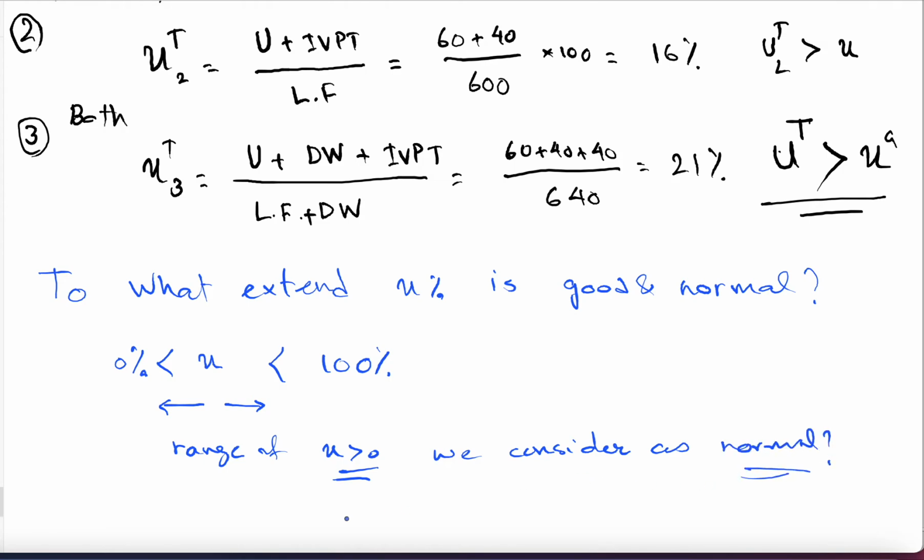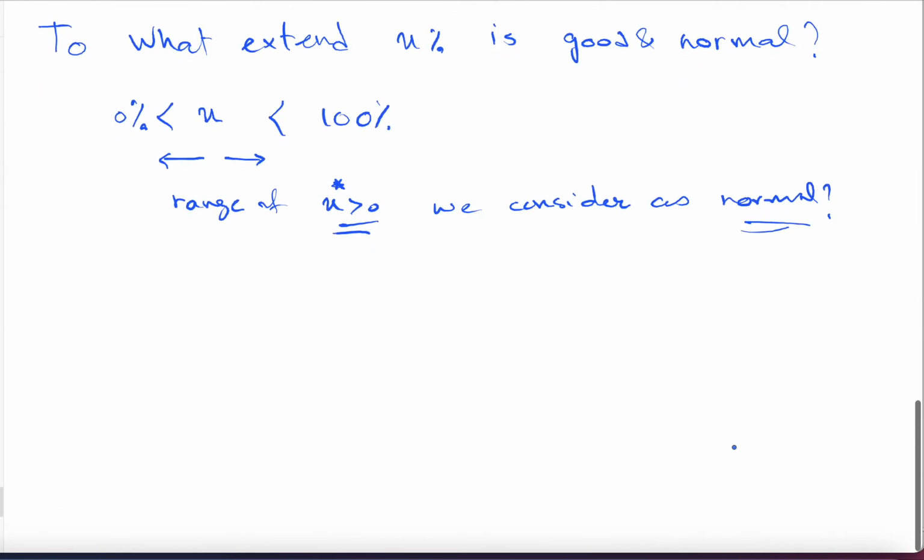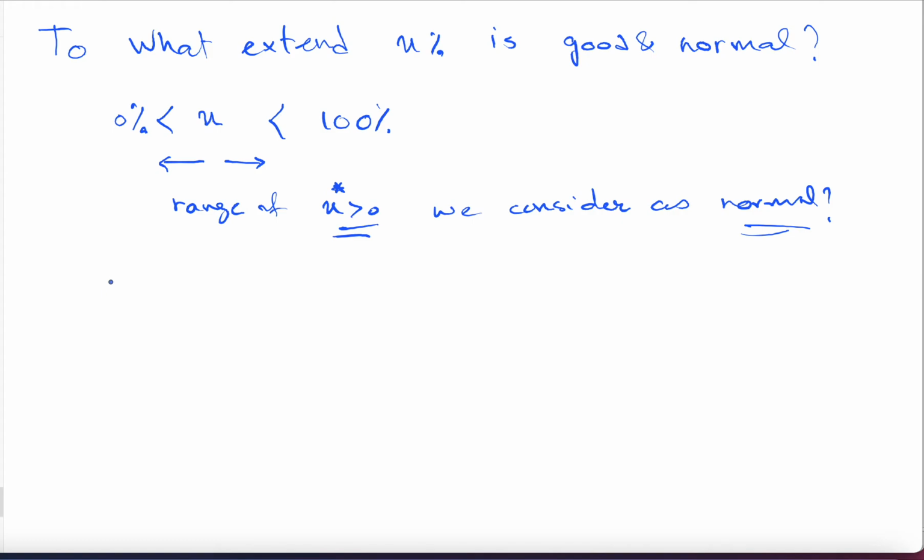So what is that extent? What is that extent of U or unemployment rate which is considered normal? For understanding that, we would ask how much it costs the society. Social cost.